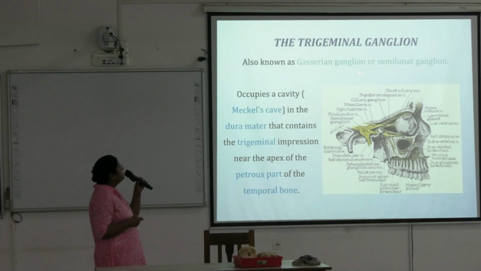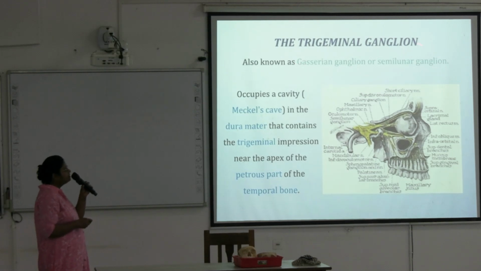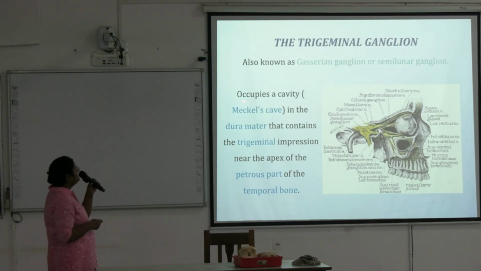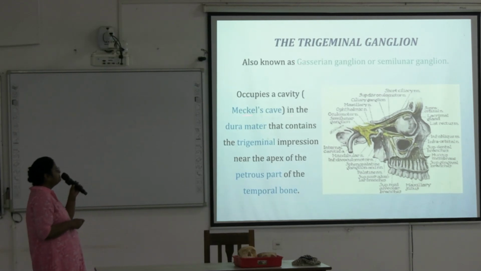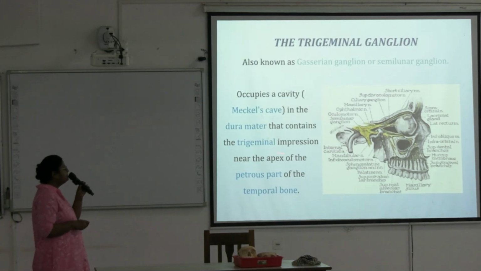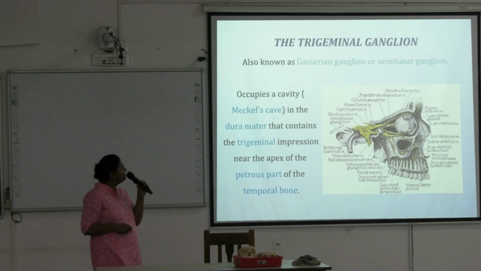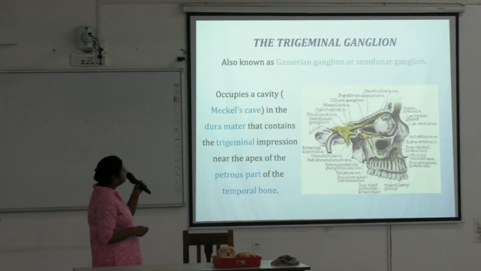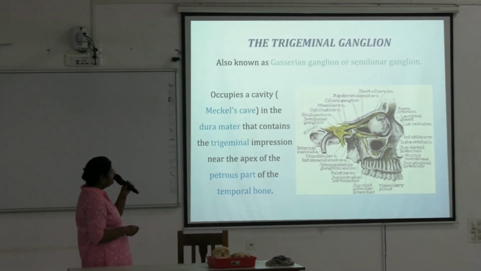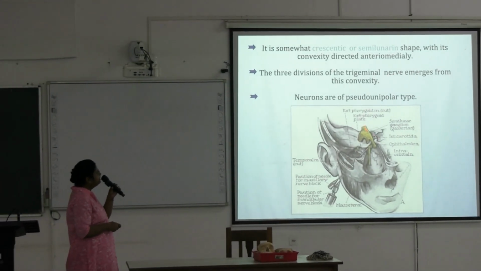So trigeminal ganglion, also known as Gasserian ganglion or semilunar ganglion. It occupies a cavity, that is Meckel's cave, in the dura mater that contains the trigeminal impression near the apex of the petrous part of temporal bone. Okay, so this is the location of the trigeminal ganglion. It is somewhat crescentic or semilunar in shape.